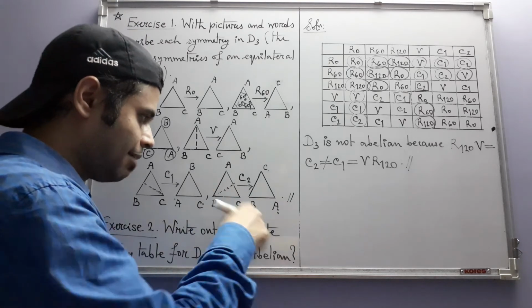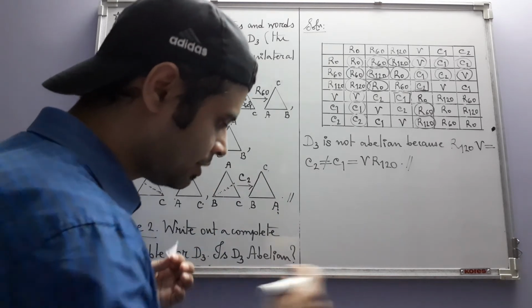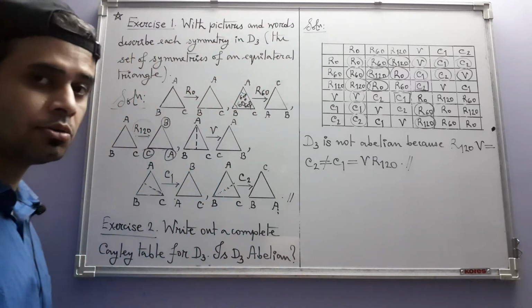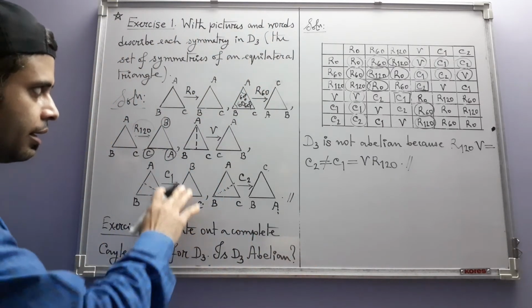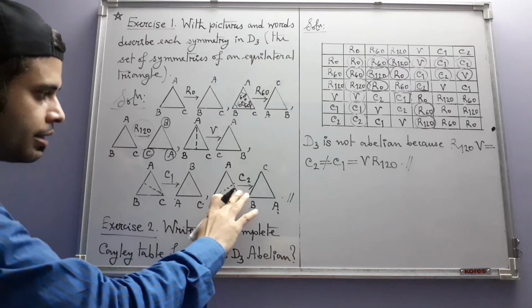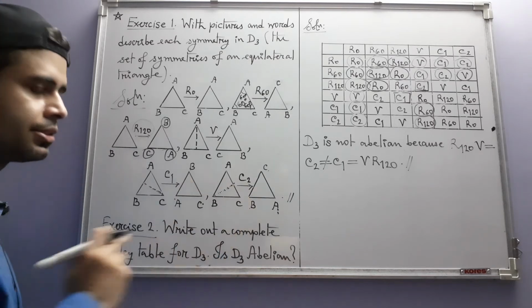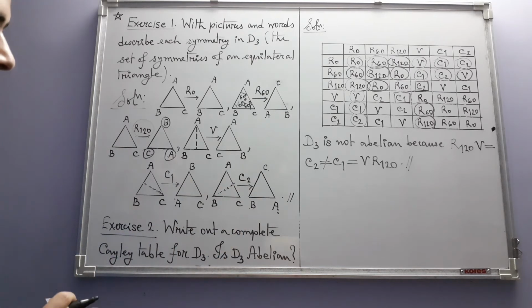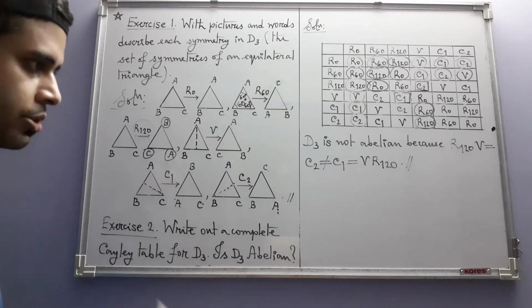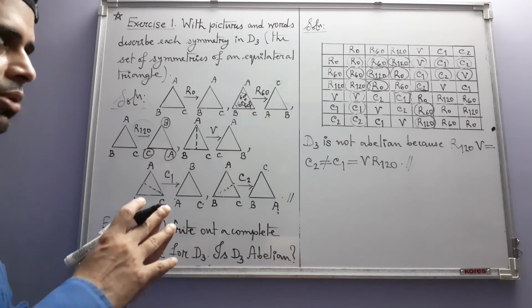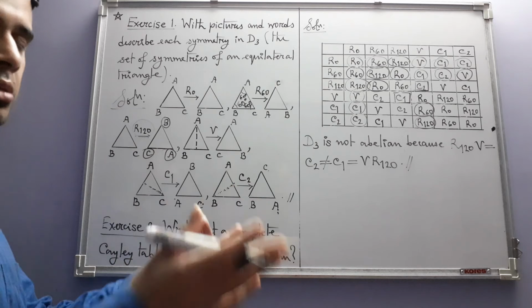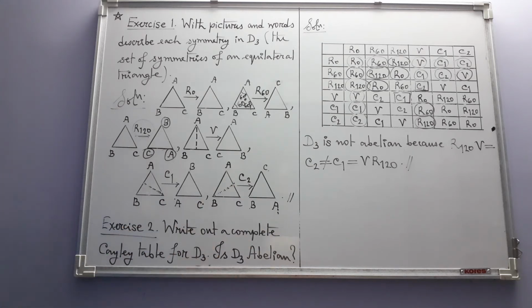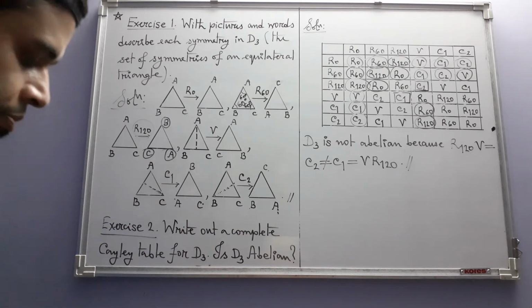Having more symmetry means having larger and larger symmetry groups. Here, an equilateral triangle has 6 symmetries. Something else which has more symmetries will be more symmetrical and hence easier to study in that sense.